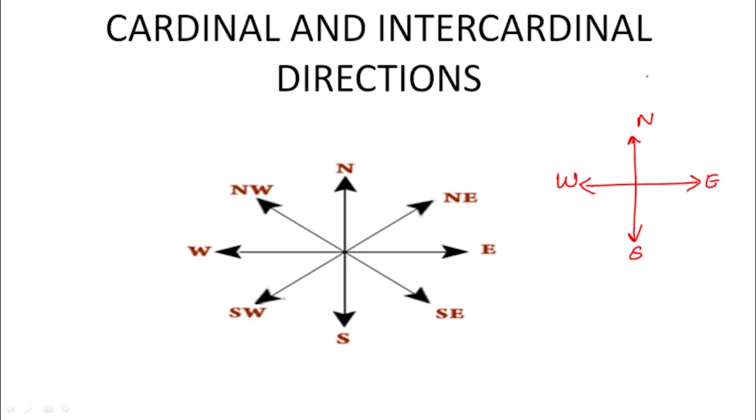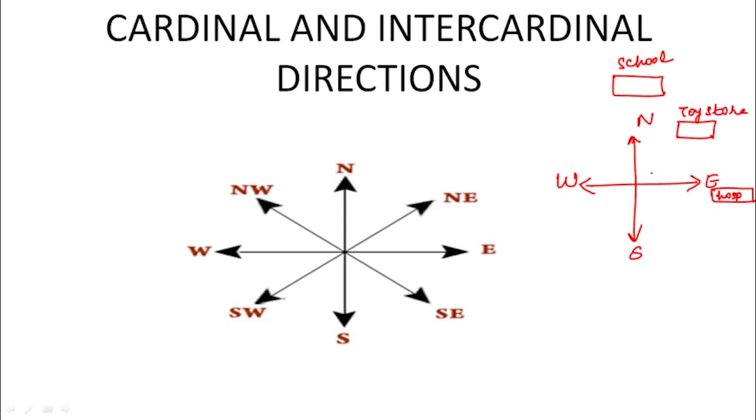Let us say there is a school here, okay? There is a school here. So I can say that the school is in the north direction. And if I have a hospital, okay, I have a hospital and I can say that the hospital is in the east direction. Now, if I have a toy store somewhere here, okay, I have a toy store here, can you tell me which direction is this in?